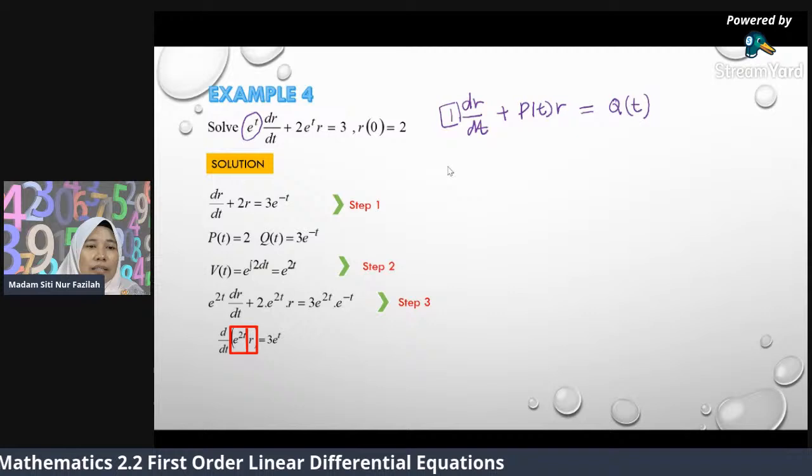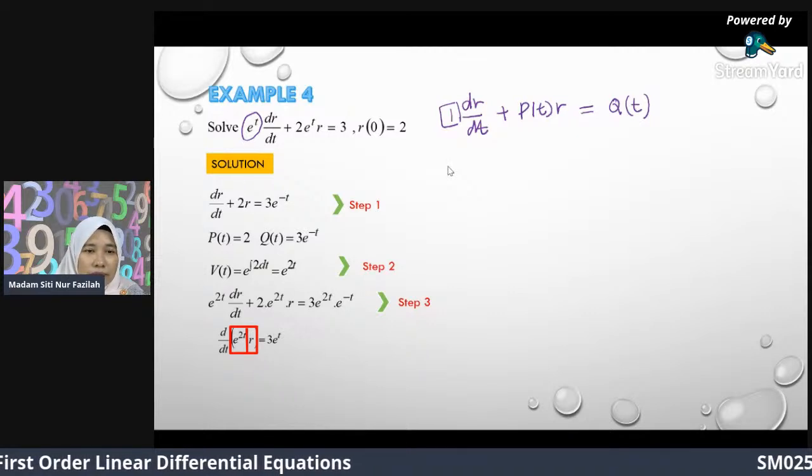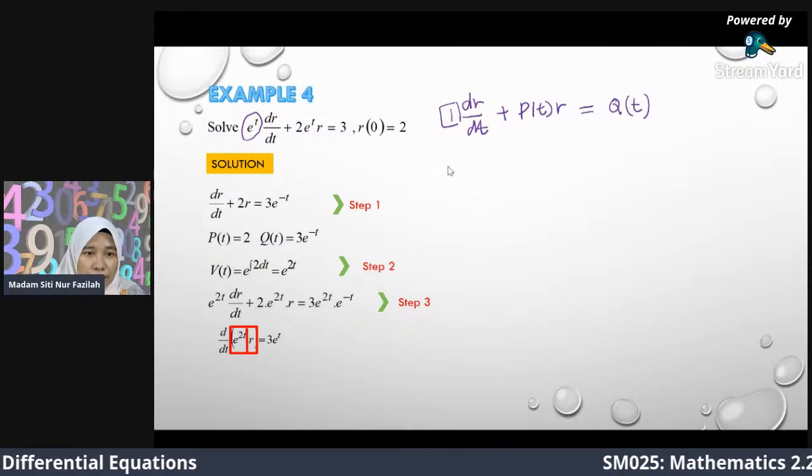We must make sure we get the correct product here, v(t) r.